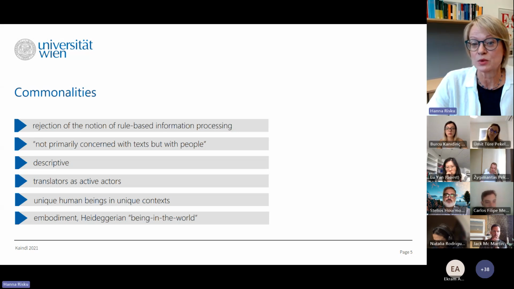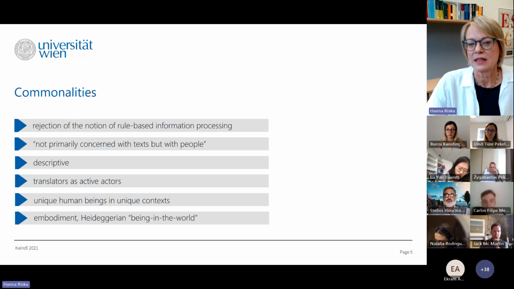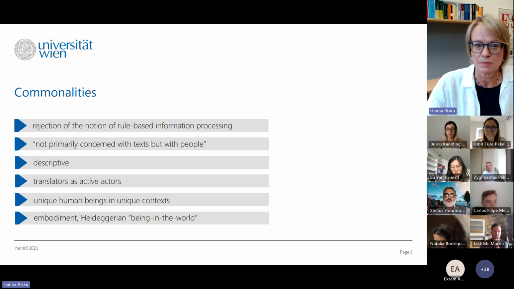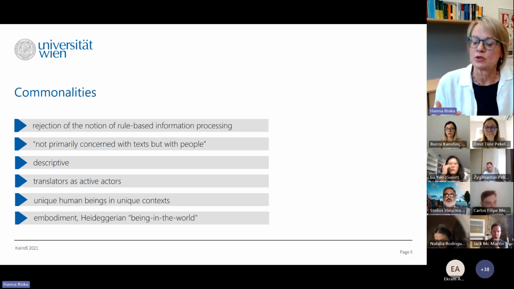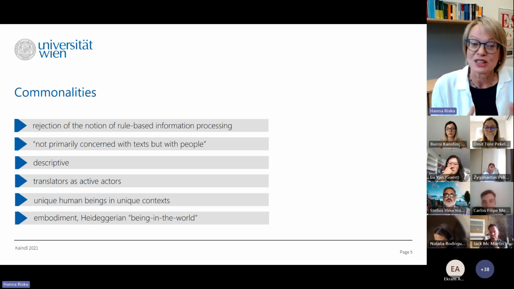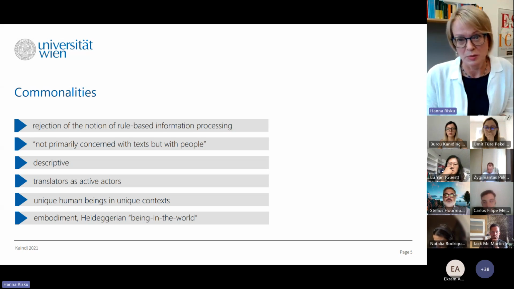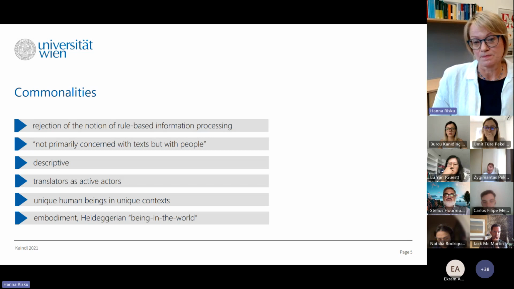So because they try to describe and analyze actual events and connections. And they all see translators as active actors who don't just apply prescribed or learned rules or react to their environment, but actively contribute to shaping the environment too. And also they study unique human beings in unique contexts.